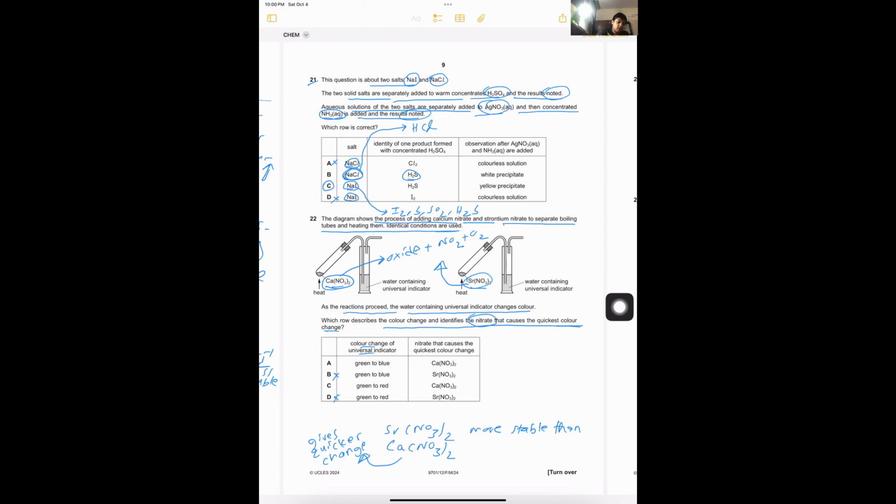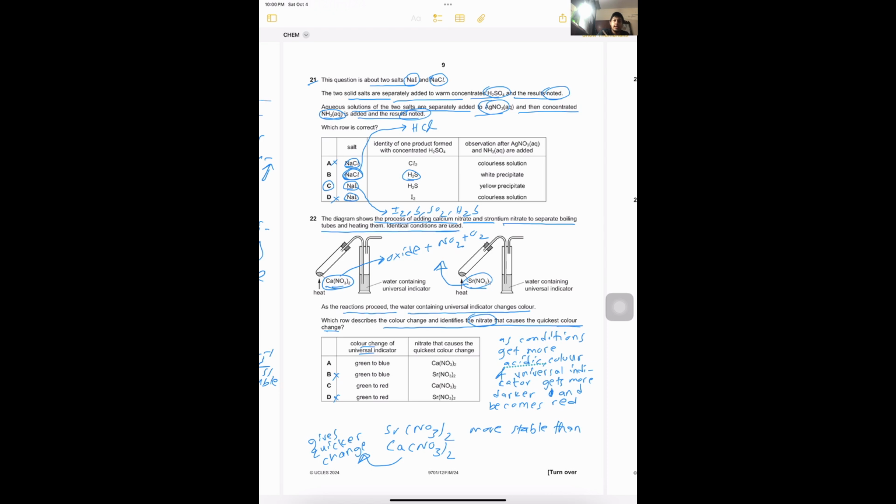That is, as conditions get more acidic, the color of universal indicator gets darker and becomes red.